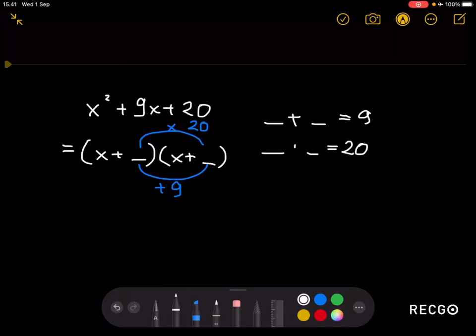I'll give you a moment. The answers to these two equations are actually 4 and 5, because 4 plus 5 is 9 and 4 times 5 is equal to 20. So if we have found our numbers, we can just plug those into our linear expressions. So we have x plus 4 times x plus 5.